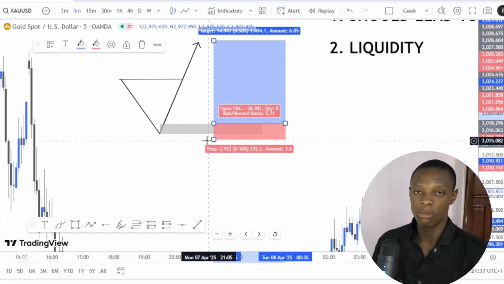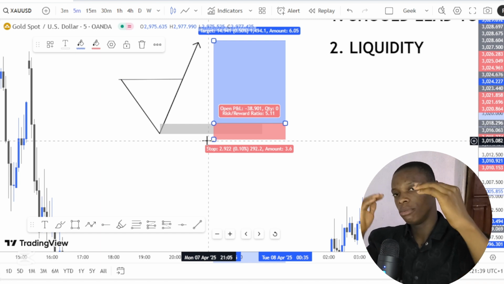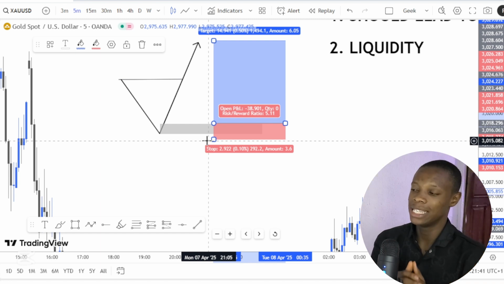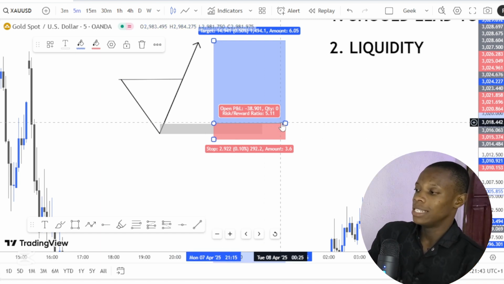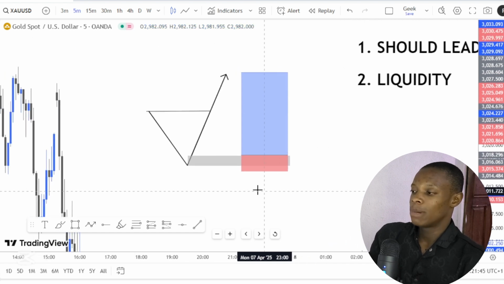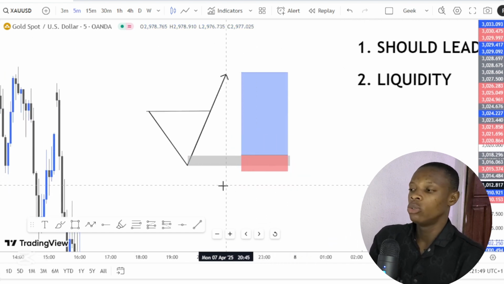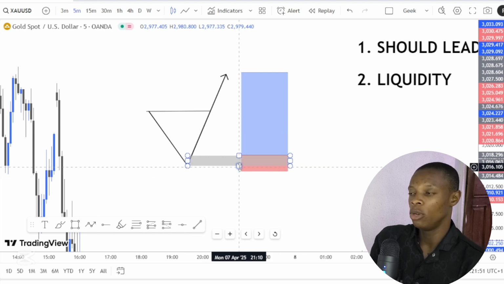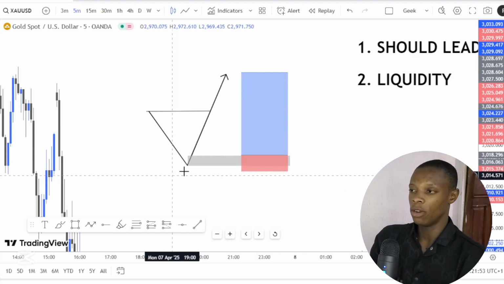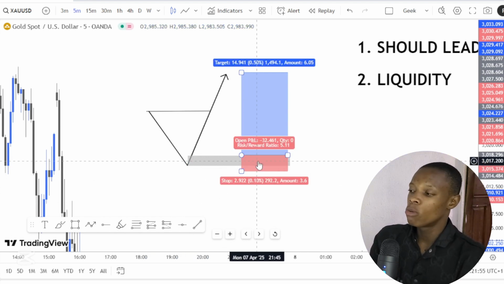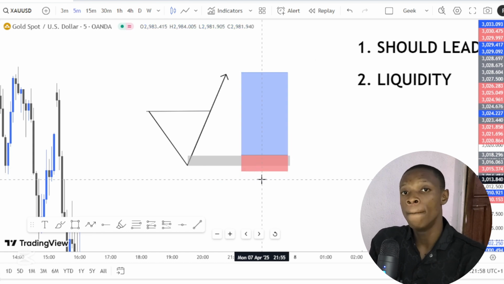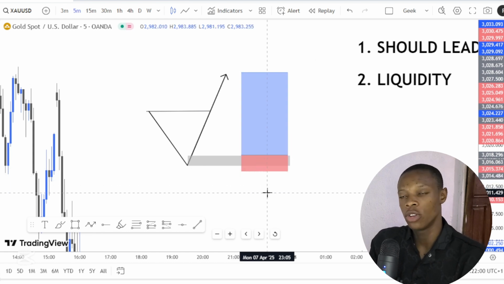I want the price to come there and I buy. If it's at the top, a supply order block, I want the price to get there, then I sell. Now, at this very region, I have my stop loss right below this very low. And every trader who is also doing the same thing has their stop loss below this very low, below this very order block. So we have so much liquidity, so much money, so much stop loss resting right there.